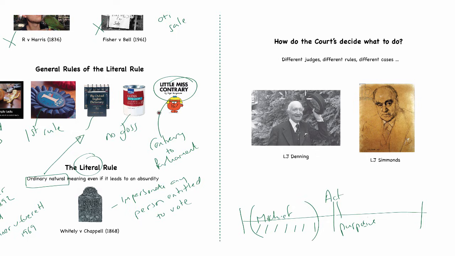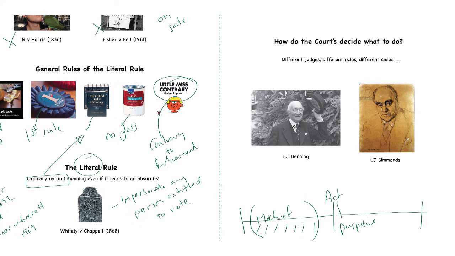Lord Denning said very, very clearly, we do not sit here to pull the language of Parliament to pieces and make nonsense of it. We sit here to find out the intention of Parliament and carry it out. And we do this better by filling in the gaps than opening it up for destructive analysis.